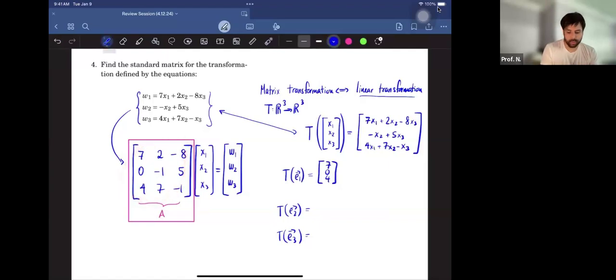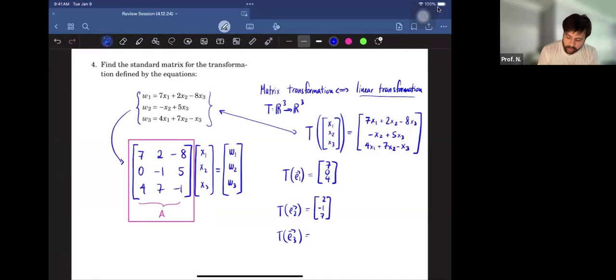And why is that? Well, I'm showing you. The same thing happens when you plug in 0, 1, 0. You're plugging E2 into the transformation. And what do you get? You get precisely what you thought you would get: 2, -1, and 7.